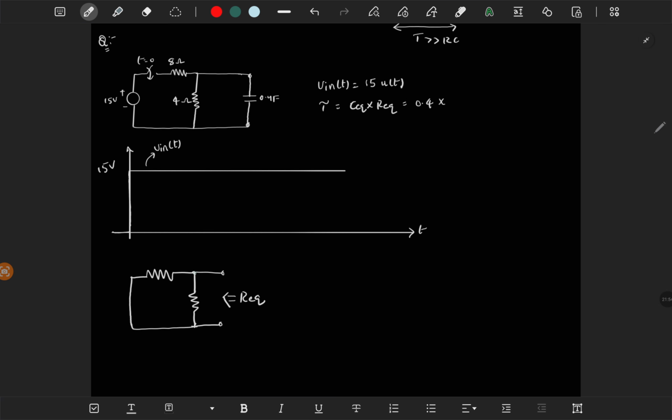So here this resistor is connected between these two terminals, and this resistor also is connected between these two terminals. It means these two resistors are in parallel. So this is 8 ohm and this is 4 ohm. Since these two are in parallel, we can directly write 4 into 8 by 4 plus 8, which is 12. So you will get R equivalent as 8 by 3.